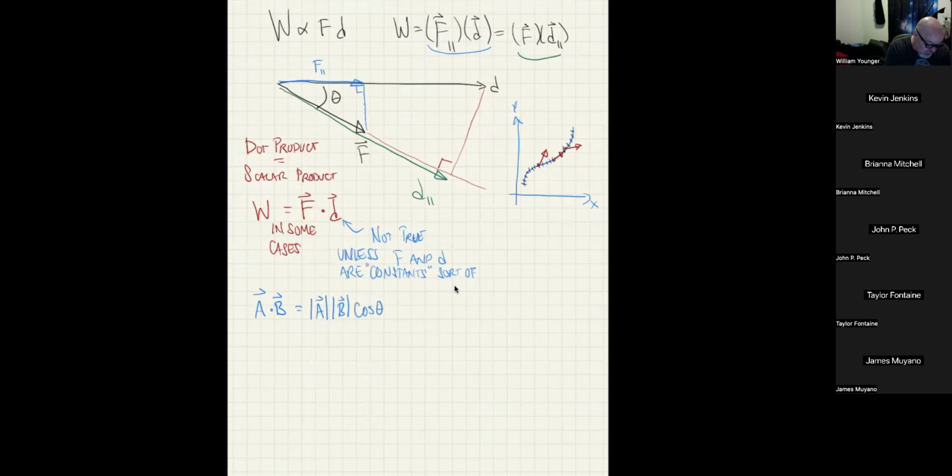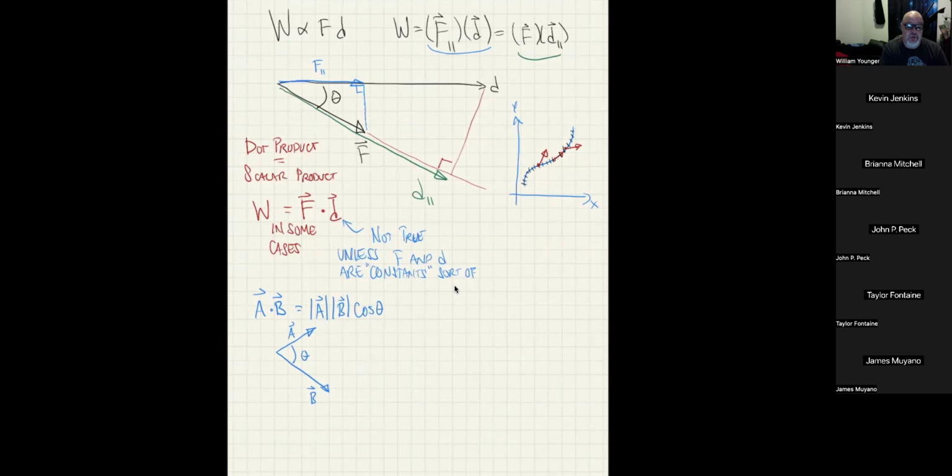But in order to use this definition, you've got to have an accompanying diagram. So the accompanying diagram for this is that the vectors are tail to tail, and the smallest angle between them when they're tail to tail is the angle theta.